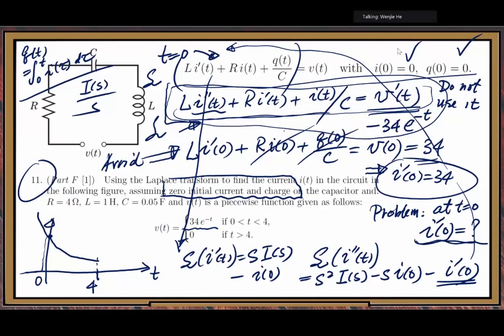The difference is caused by this I prime of 0. I will post my solutions, so if you still have some doubts, you can use my solutions.